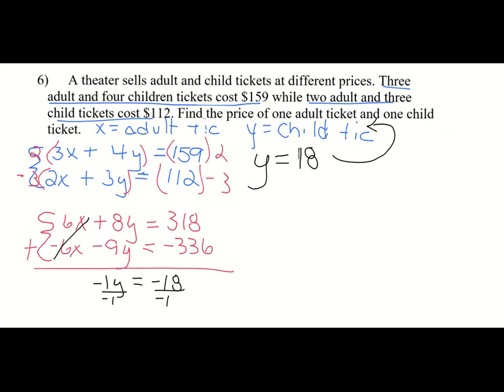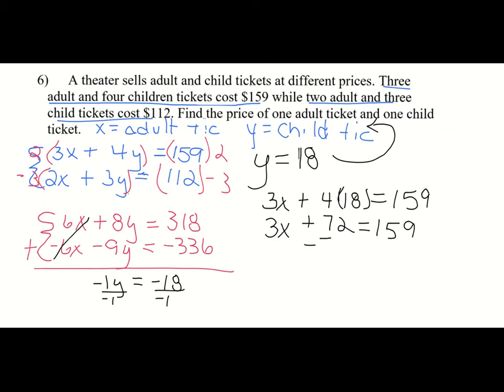Now let's find our x by substituting into one of our equations. So I'm going to go to the original, 3x plus 4 times 18 equals 159, or 3x plus 72 equals 159.